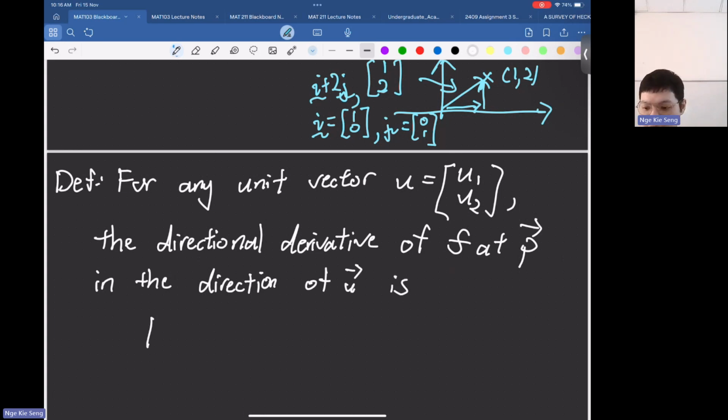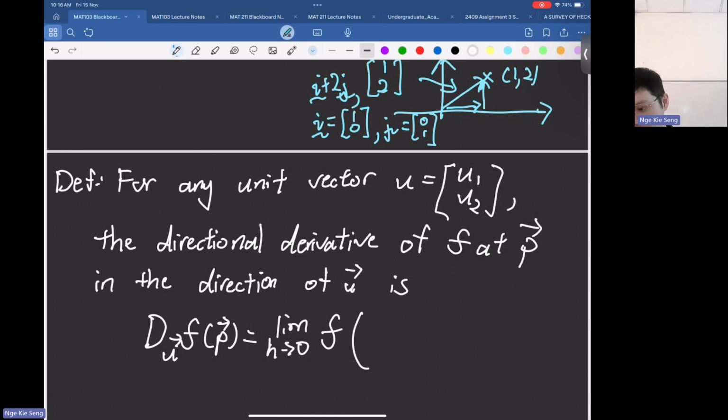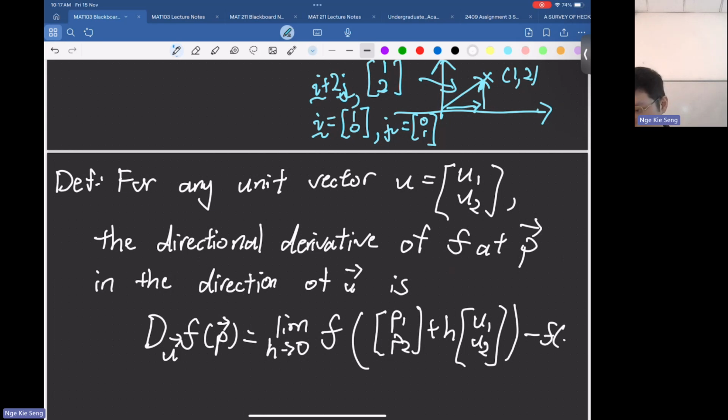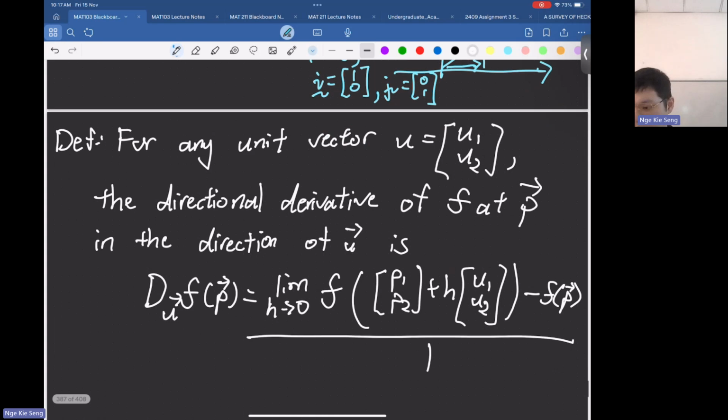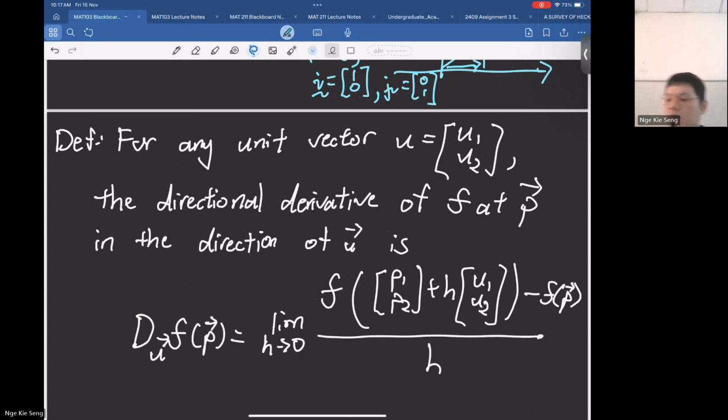So you differentiate your function with respect to the direction u, which is the limit, let's write it in vector form for easier viewing: f(p1, p2 plus changes in that direction) minus f(p1, p2), over h. Too long, this one. Okay or not?